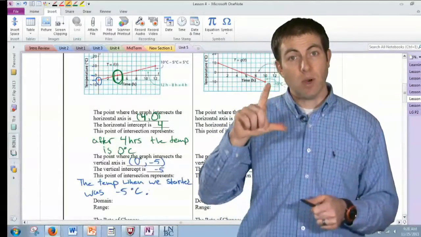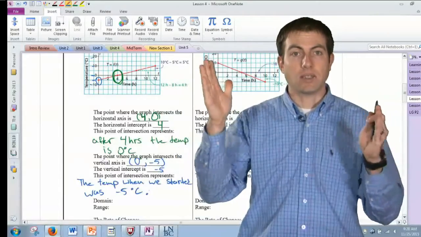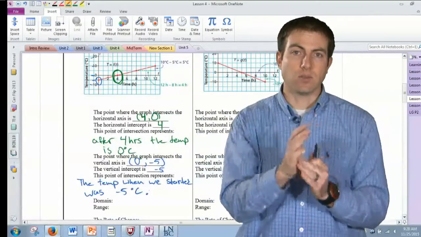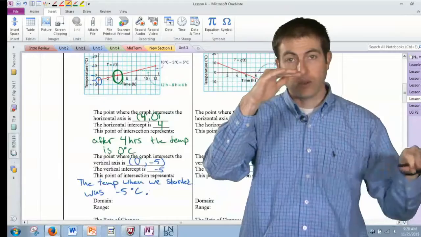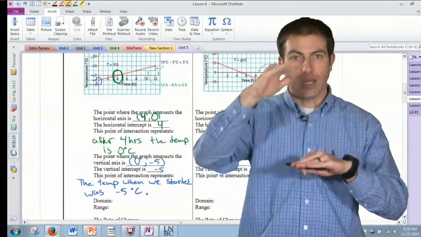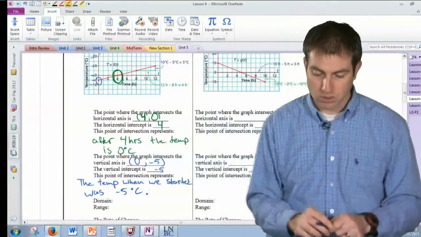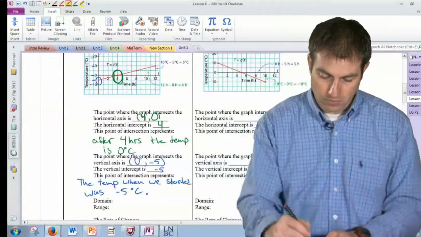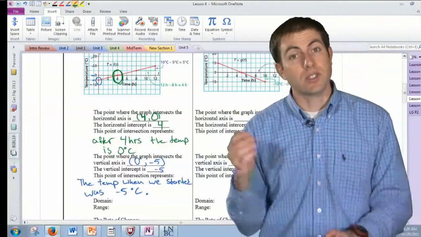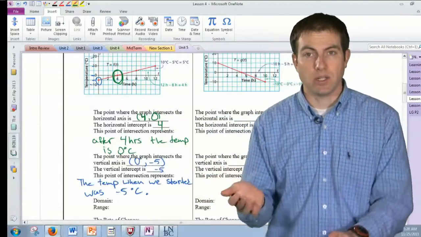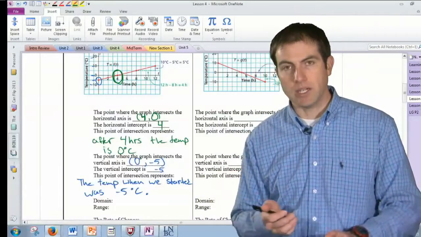And then the same thing for the y values. If you think about casting a shadow onto the vertical axis, what is the largest y value? What's the smallest y value? And of course, we're a continuous line between those, so where are we going to fall in between there?